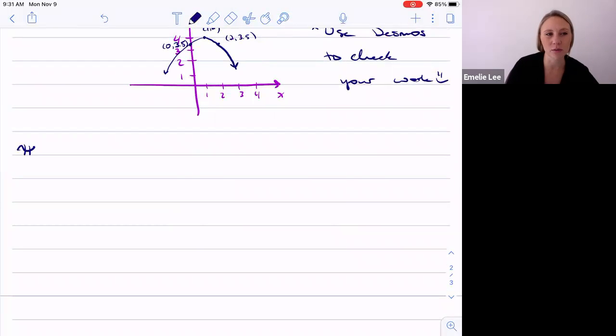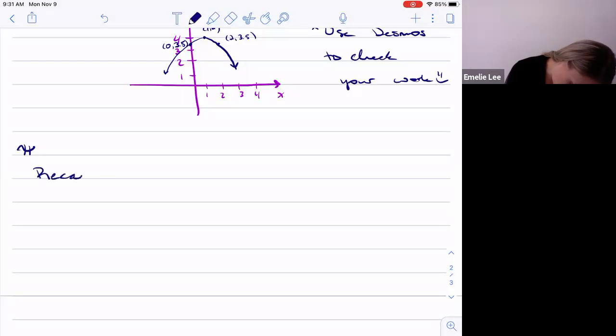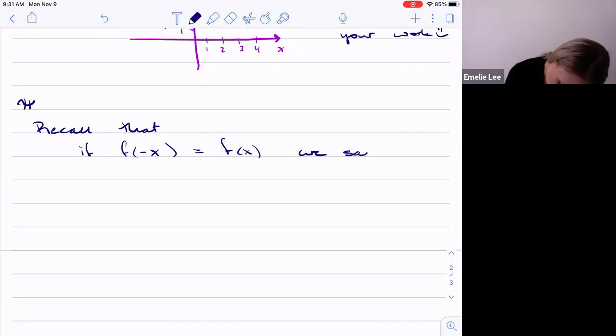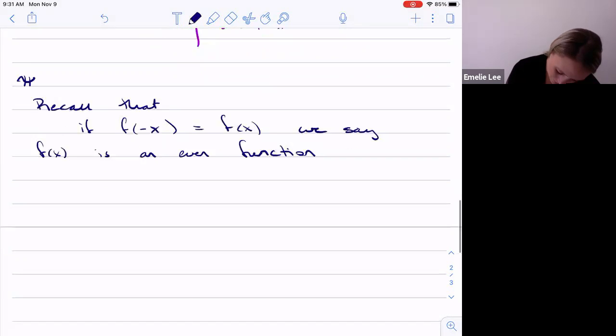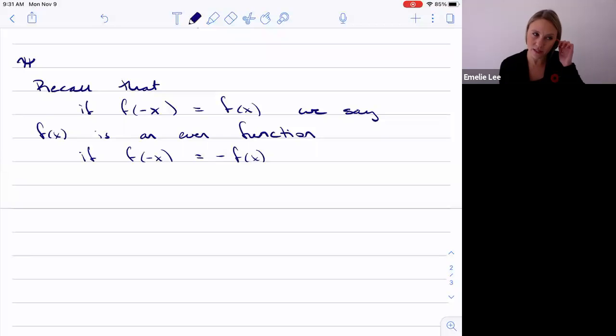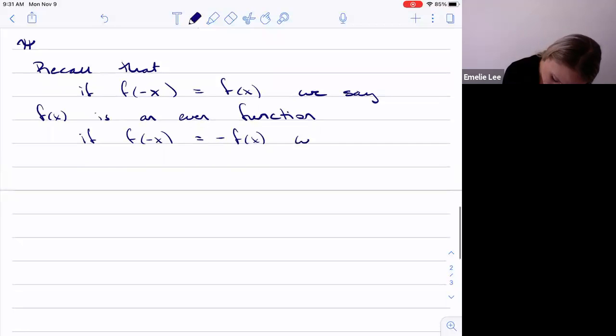I'll call that the end of your review, but also recall that if f of negative x is equal to f of x, we say f of x is an even function, I'll say. And if f of negative x is negative f of x, we say f of x is an odd function.